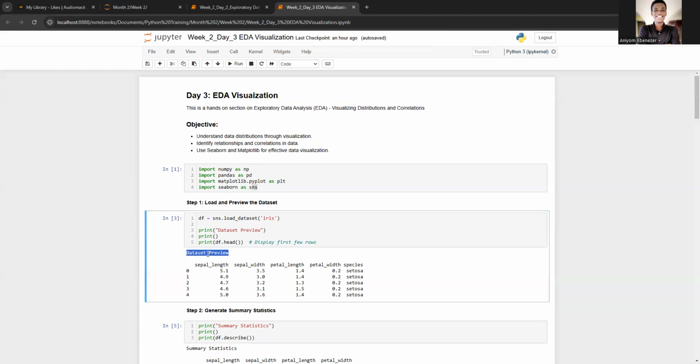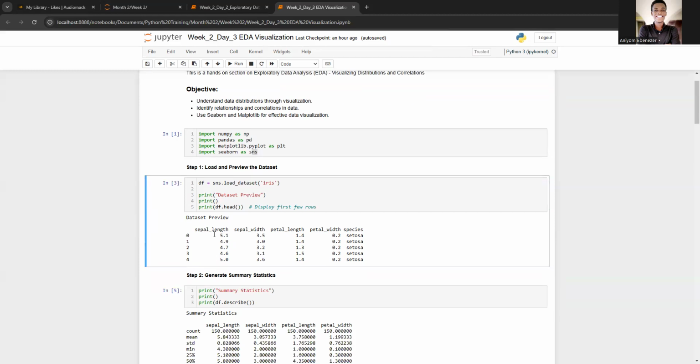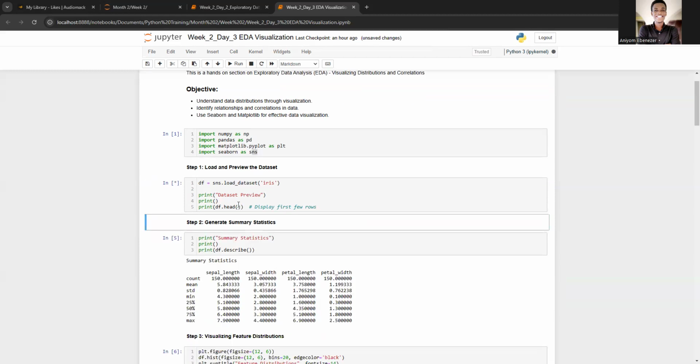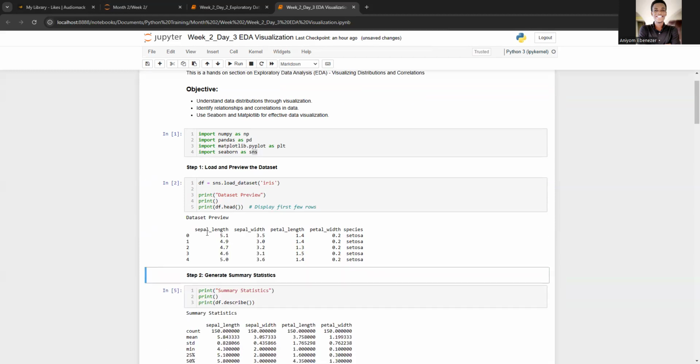When you run this code for the data set preview, we will have sepal length, sepal width, petal length, and petal width. Then the species is another feature. All of those are the features in this data set.